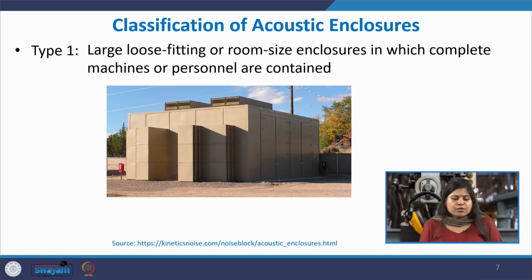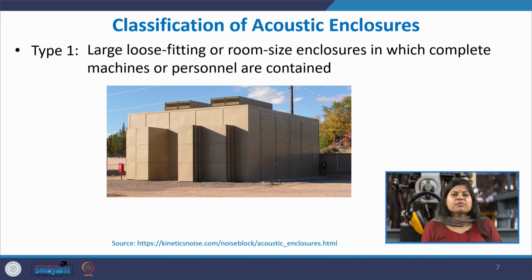There are various types of acoustic enclosures that are available, and most of these relate to industrial machineries and industrial plants. The very first type is large loose fitting or room sized enclosures in which complete machineries or personnel are contained.